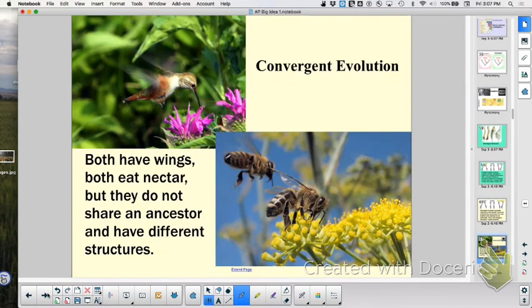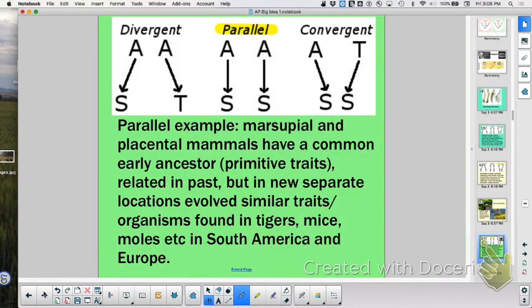So it doesn't matter if you're a bird or a bee, you're both flying. That does not mean you're related, just means you're responding to your environment in the same way. And then parallel evolution, like I mentioned earlier, about mammals we have here in the United States and in Australia. We have a mammalian ancestor, and we have some similarities. There's like flying squirrels in both, but one is a marsupial and one is a placental.